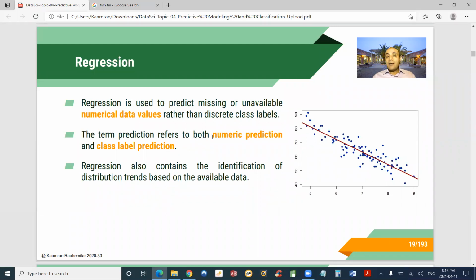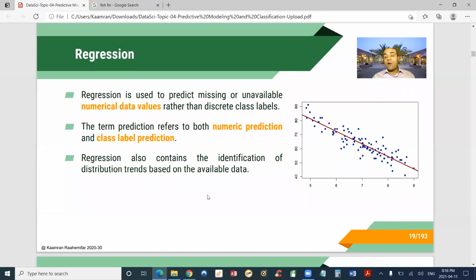So you could either predict numerically, or you can predict the class label. We talk about that in the future. Regression also contains the identification of distribution trends based on the available data. So you're going to get in and out of the data, and you're going to identify a missing point. Remember, this may not be the same as what we are talking about with prediction.